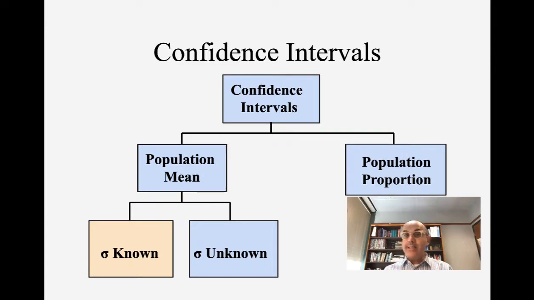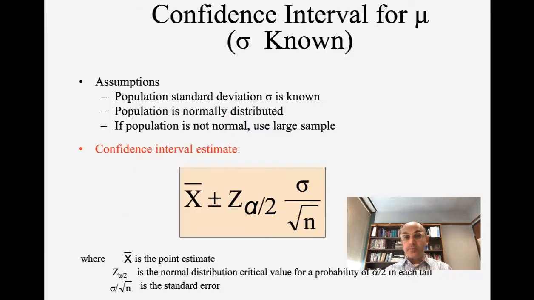In this case, the confidence interval can be divided into two parts: the population mean and the population proportion. For the population mean, we have when sigma is known and unknown. We will look at when it's known first. In this case, we are using the formula with x hat, which is the point estimate.